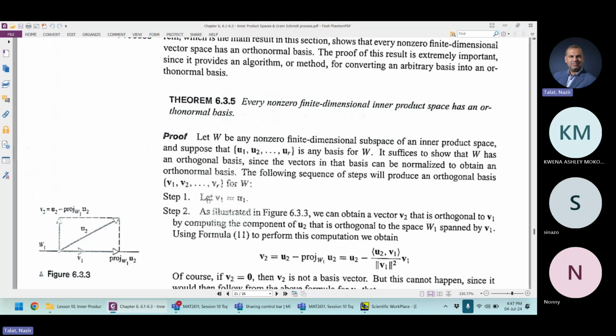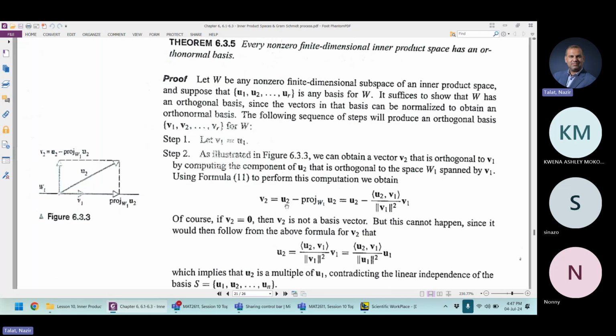Just take the first element as it is, and then find V2, which is equal to U2 minus the projection of U2 onto W1. The projection is actually the inner product of U2 with V1 divided by the norm of V1 squared, times V1. If we compute this, we will get V2.